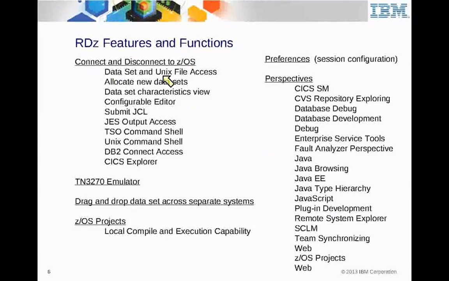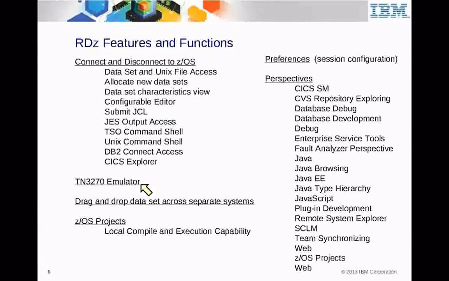But once you connect, you can get to your data sets, your Unix files. You can allocate new data sets. You can see all the data set characteristics. You've got an editor. You can submit JCL from there. You can look at the output. You can get a TSO command shell. You can get a Unix command shell. You can actually connect to DB2 and look at all of your data and databases and structures. There's a CICS Explorer.